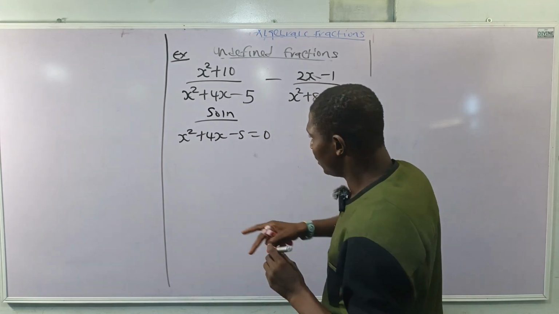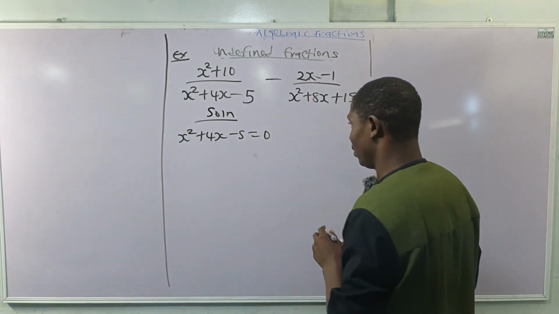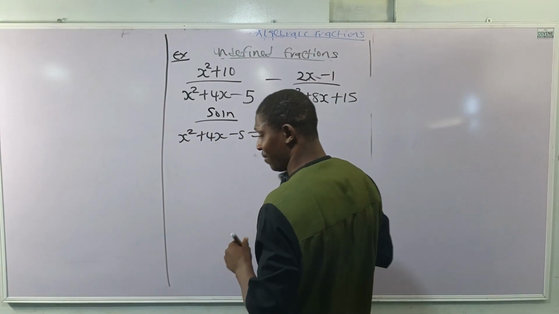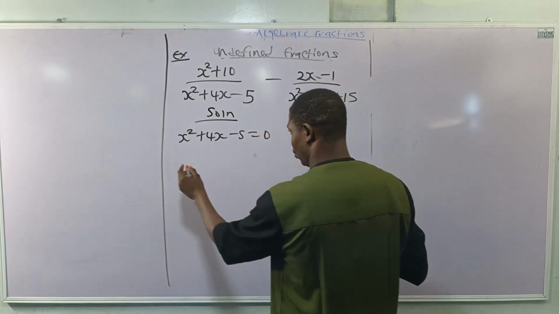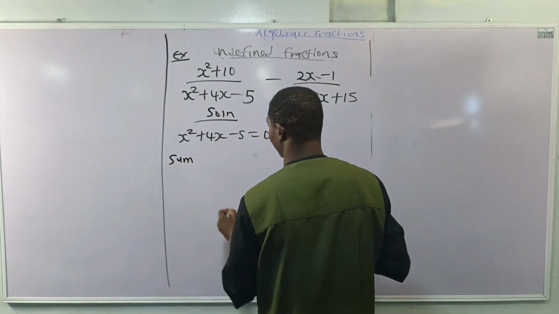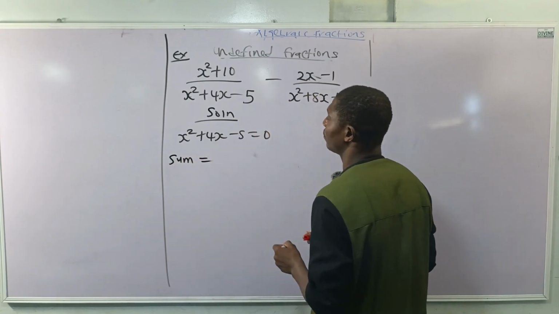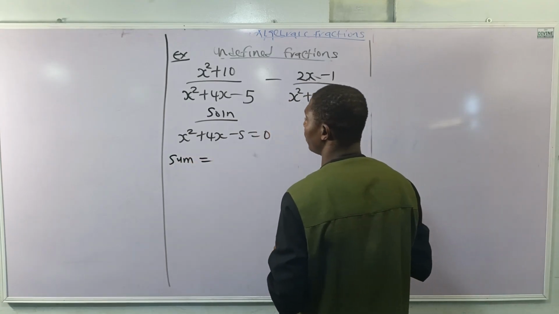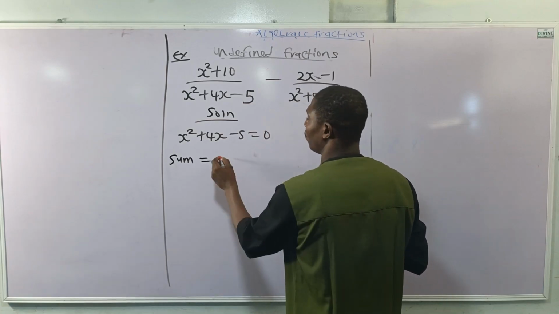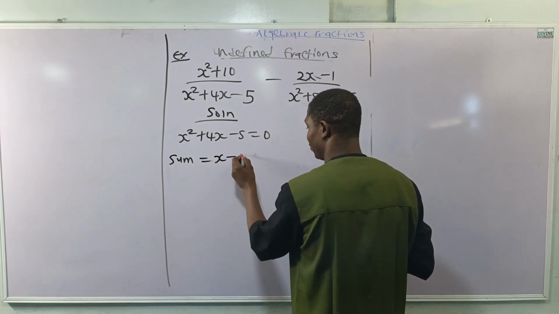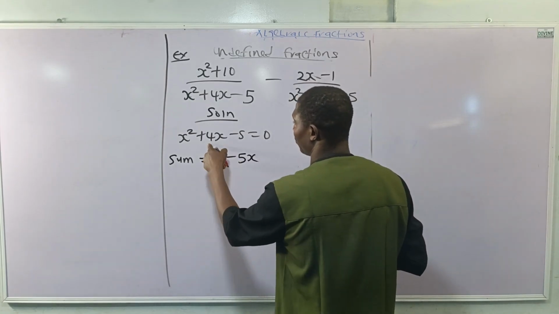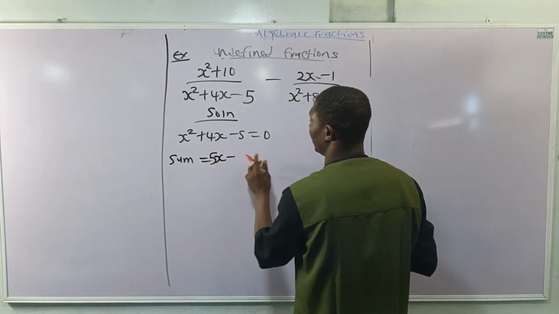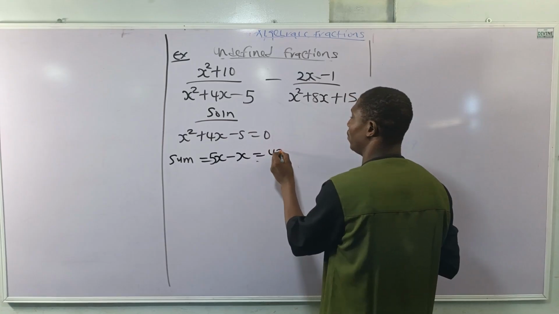So we factorize this, being a quadratic expression. Minus 1 times 5 will give me my product, which is minus 5. And my sum will be... I can use 1 to subtract 5, which is x minus, or rather, since here is positive, 5x minus x will give me 4x.